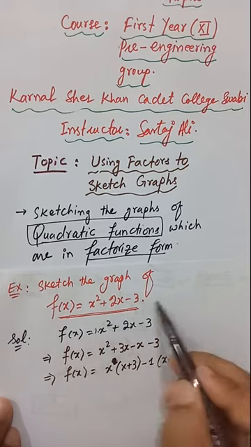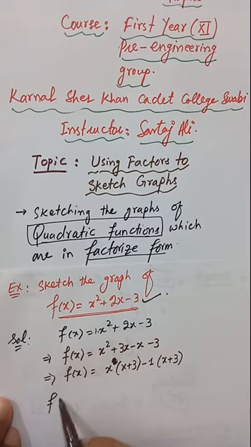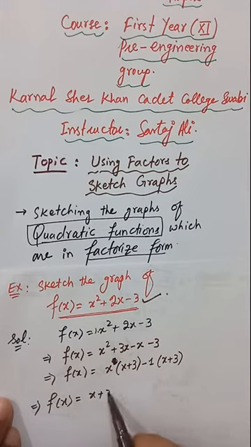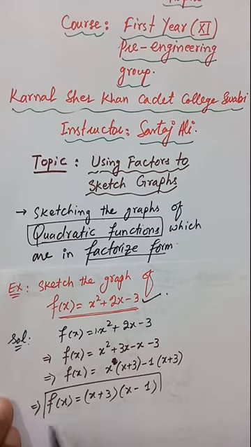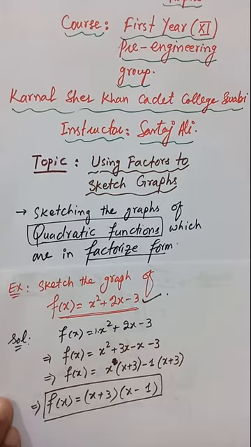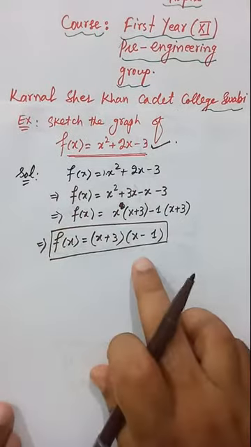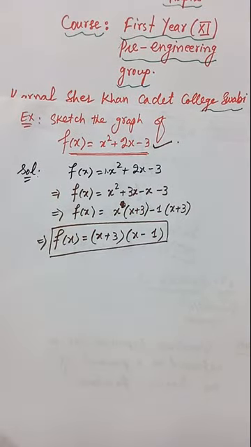So this given function in linear factors will be as you clearly see this. This is the factorized form of the given quadratic function.